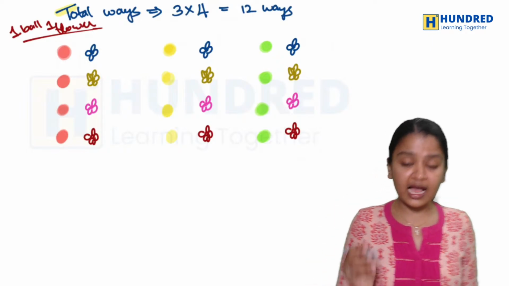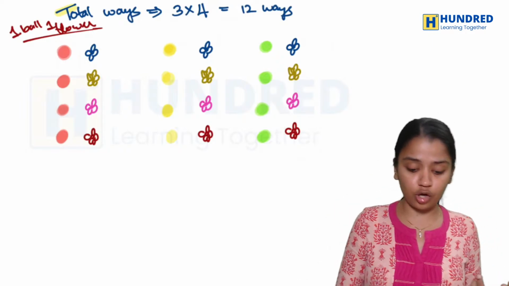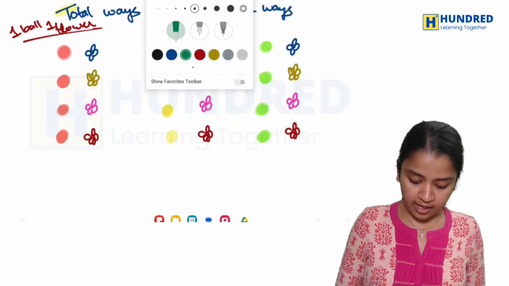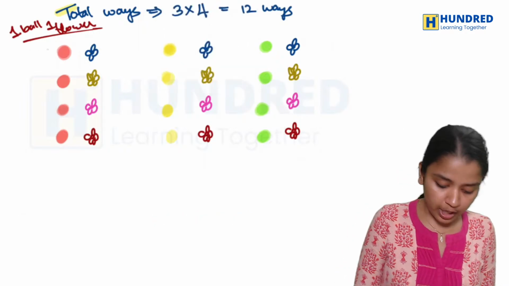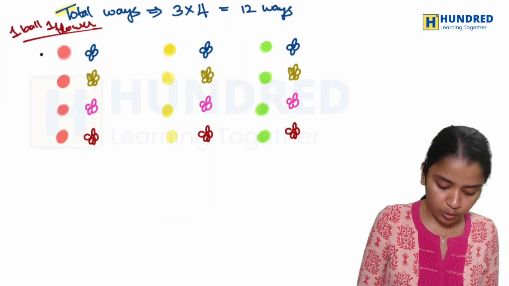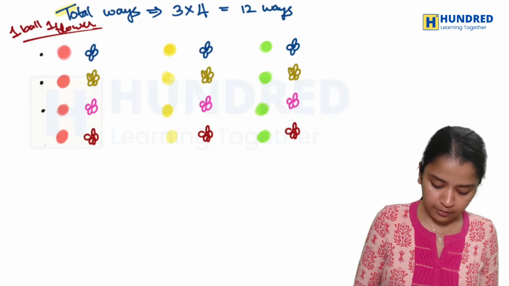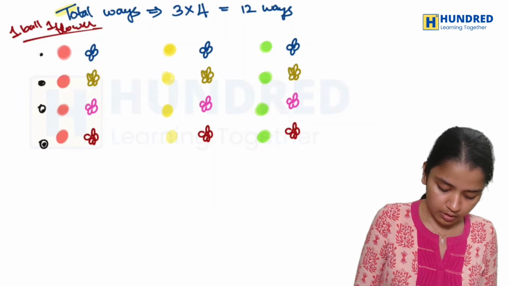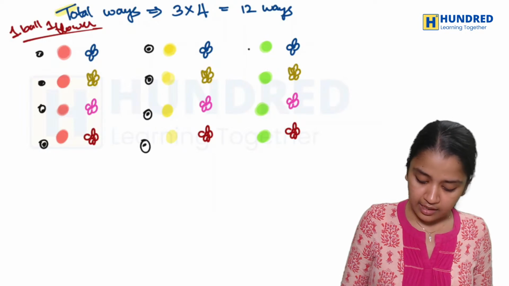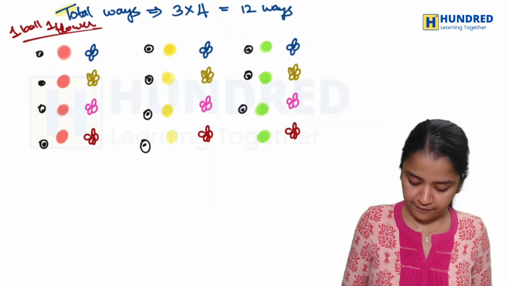So let's see how many permutations are there. How many ways can you do it? I'm using this black color for it. So you're having one way. So basically, how many ways are there? You're having 1, 2, 3, 4, and 5, 6, 7, 8, 9, 10, 11, 12.